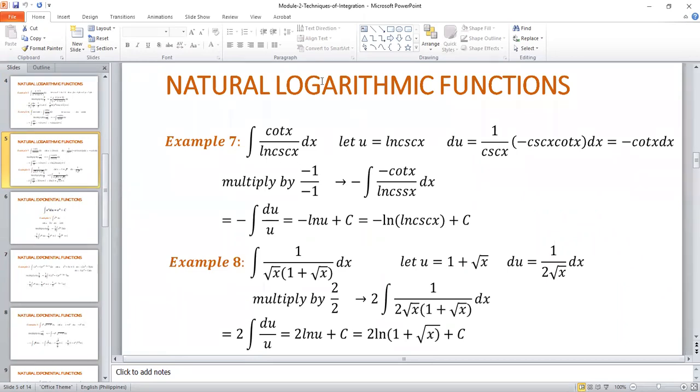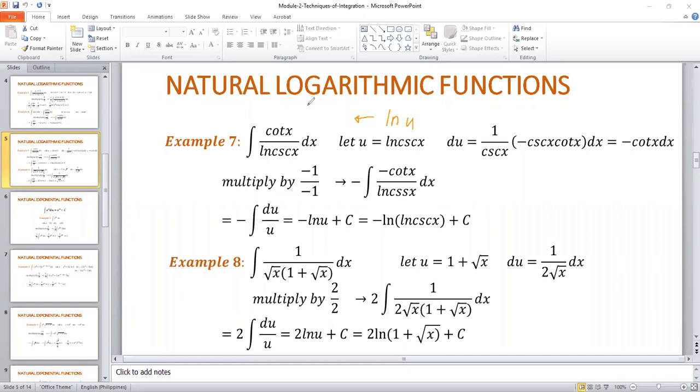First thing that was done is to set the ln of the cosecant of x as the u, the entire function in the denominator. Now, what's the derivative of the ln? You've learned it last semester. The derivative of ln u is du over u. Let me annotate. So this is your ln of u.